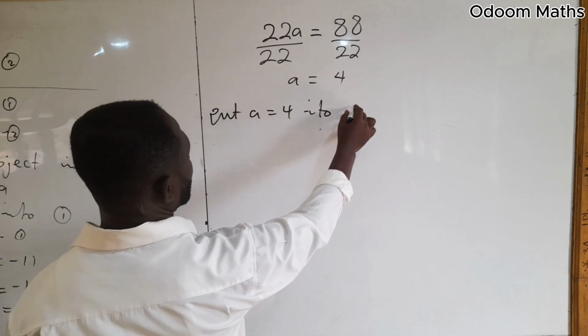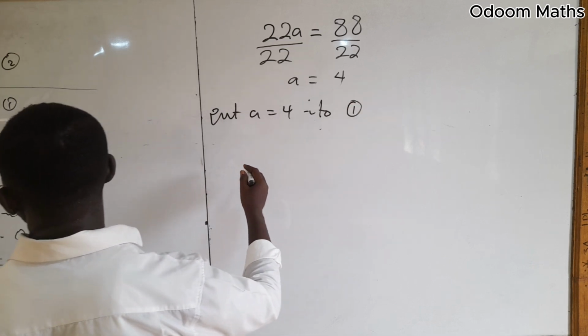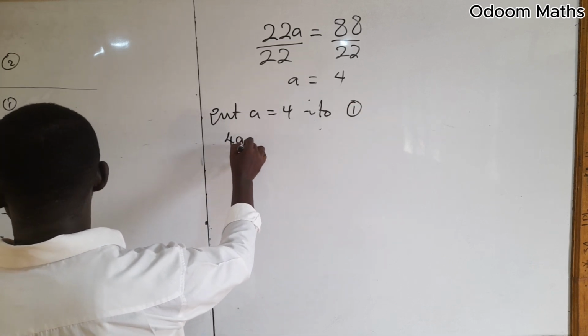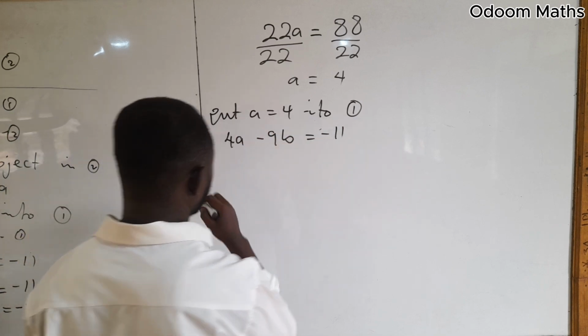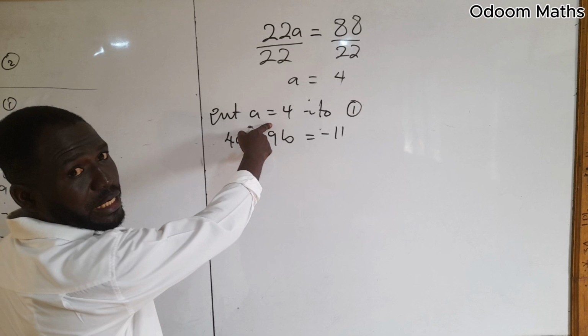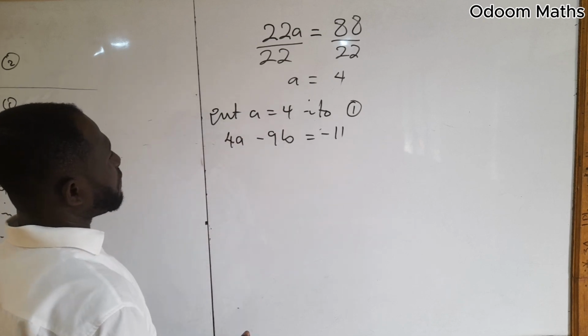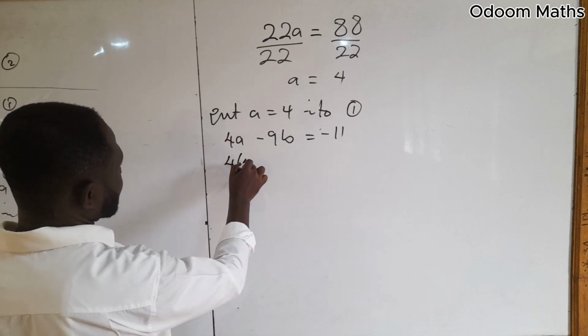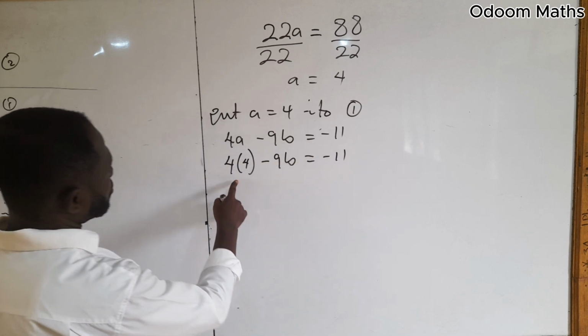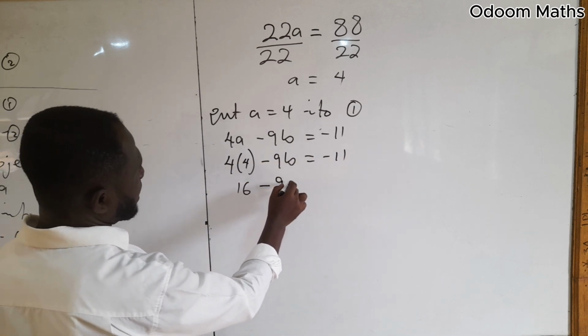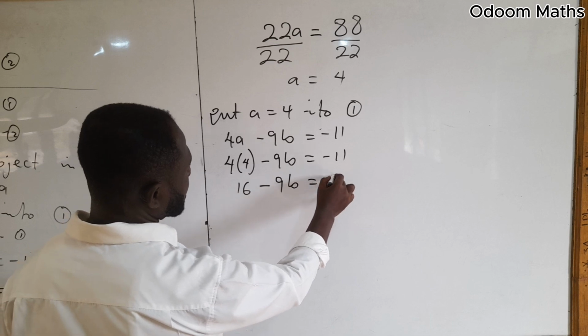Now put a equals 4 into equation 1. Equation 1 is giving us 4a minus 9b equals negative 11. So where I see a, I'm going to put 4 there. So 4 into brackets 4 minus 9b becomes negative 11. So this is going to give me 16 minus 9b equals negative 11.